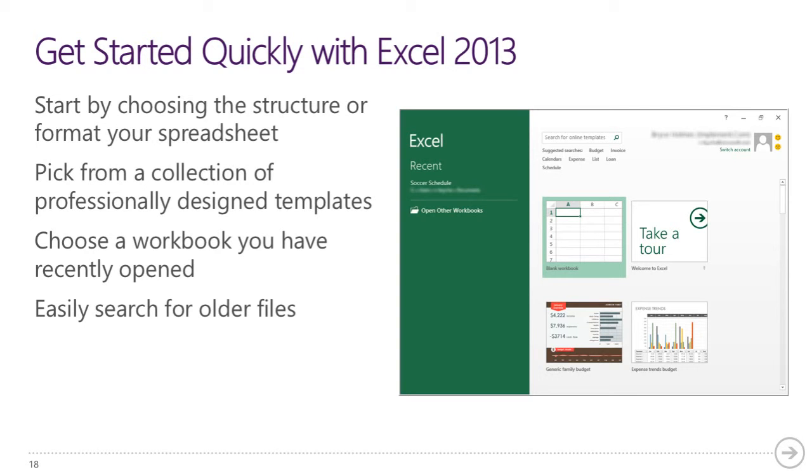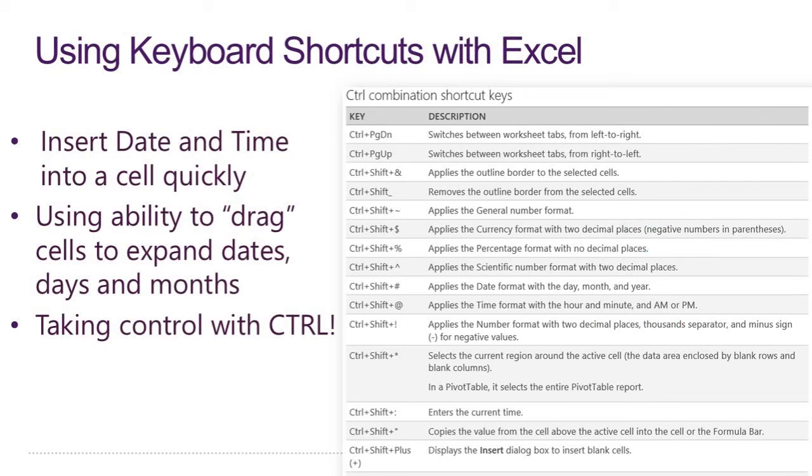There are ways of doing this in previous versions of Excel, but 2013 has really gone to the next step to make it very easy to either search from a recently used list of items, all the way up to searching for templates that are out there in the public domain, as well as searching for older files. I'll show you this in just a second here.